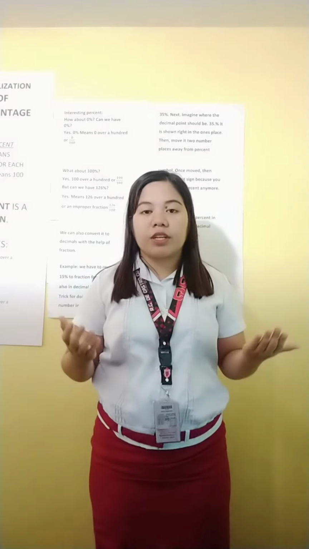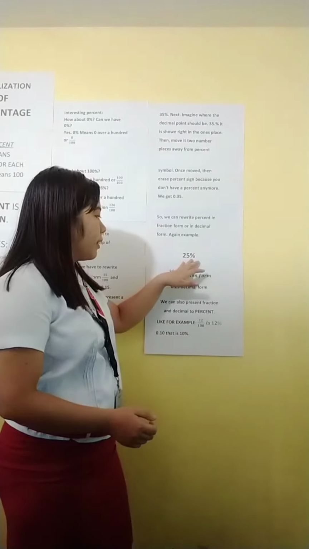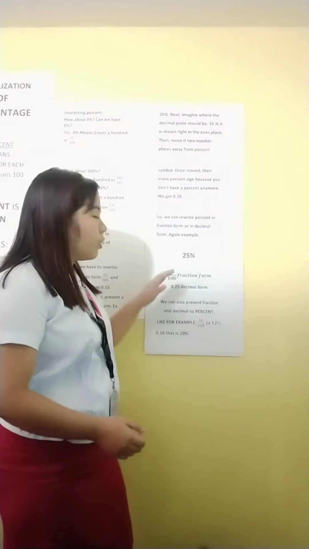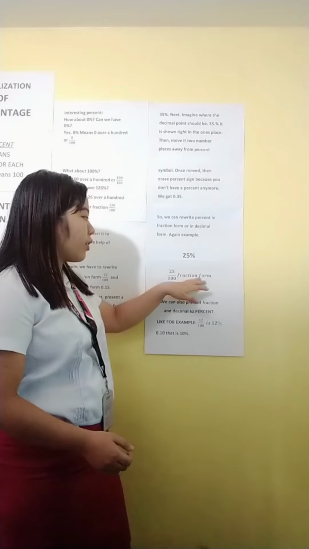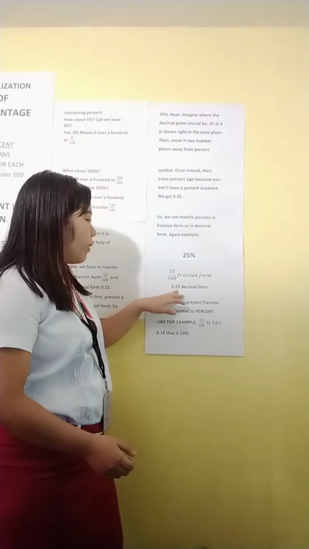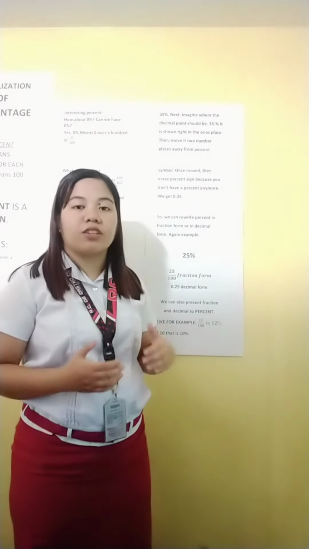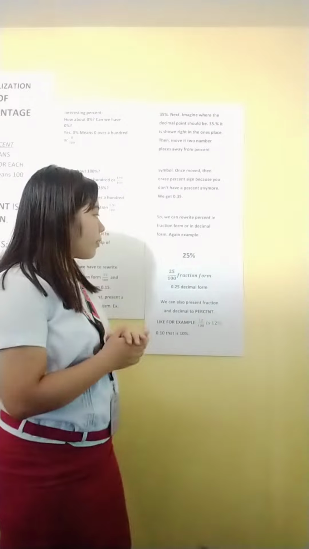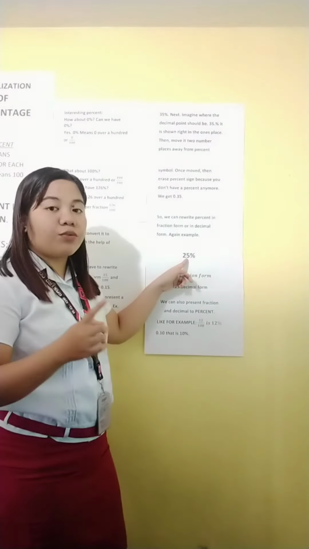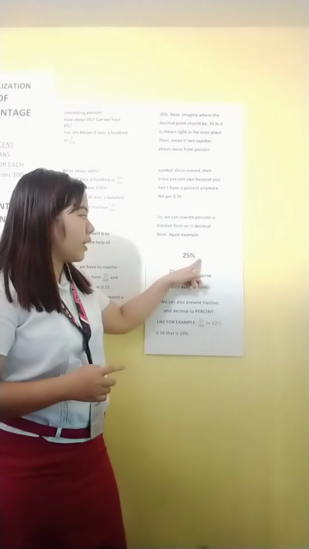Let's say for example again, we have 25%. The fraction form is 25 over 100. In decimal form, we have 0.25. Again, let me discuss how we get 0.25. First, we present it in percent form, which is 25%.